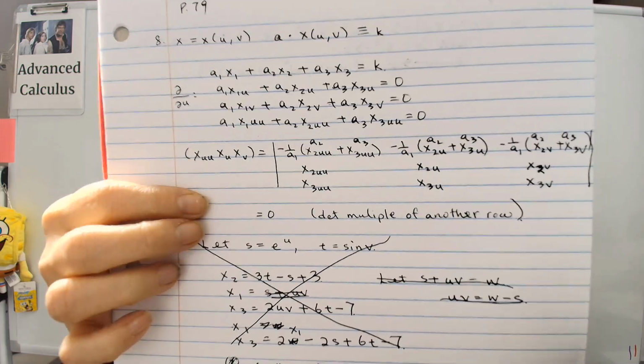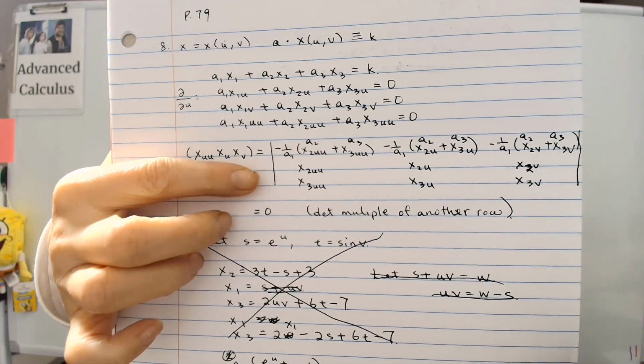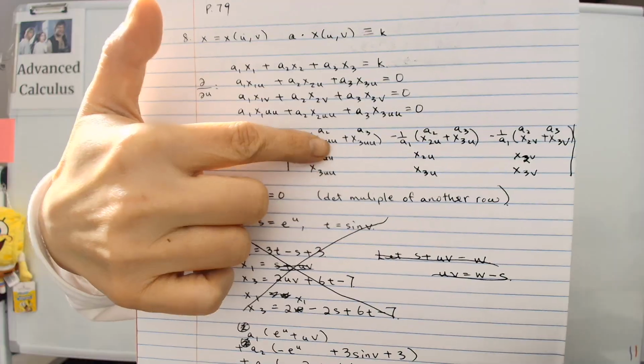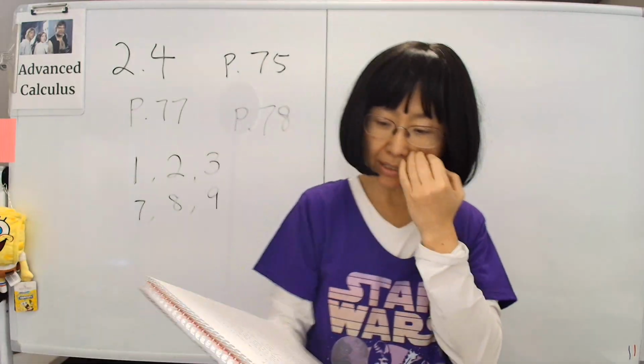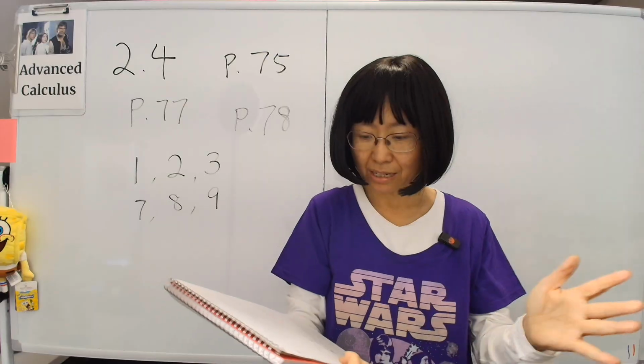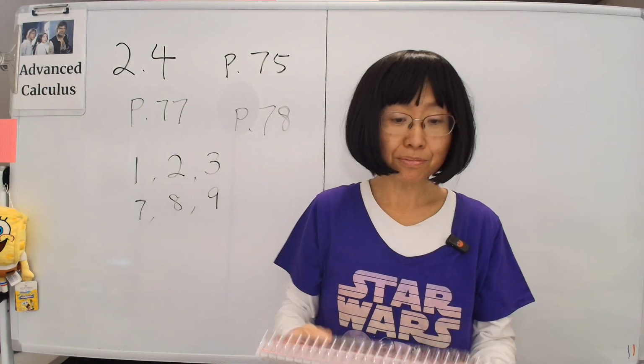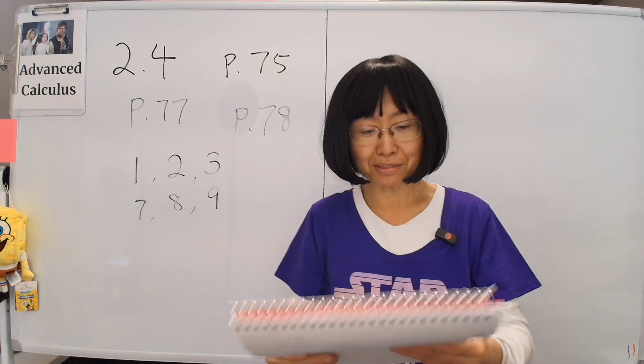So this breaks into two determinants if you split up the plus sign, and they're both 0. So therefore, the determinant is 0. And the other versions where it says x, uv or whatever, should be similar. And I'm not doing it.